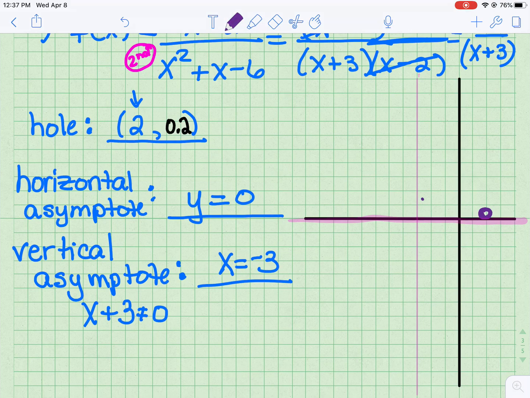And then it comes quickly down to negative 1. So I just get the shape. Once I see the shape, I draw it in, and just make sure I don't cross over that hole.